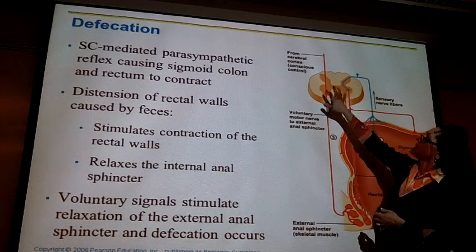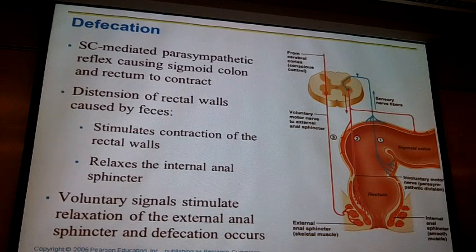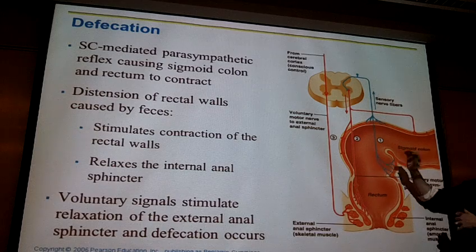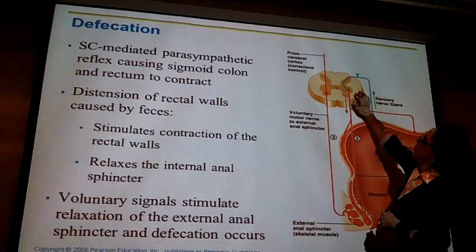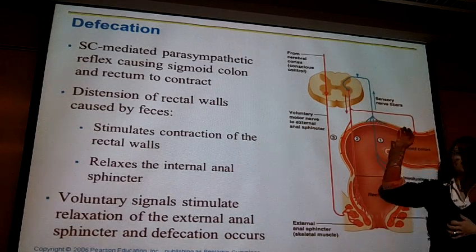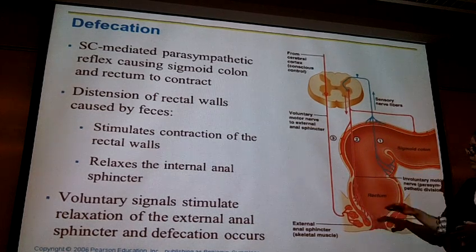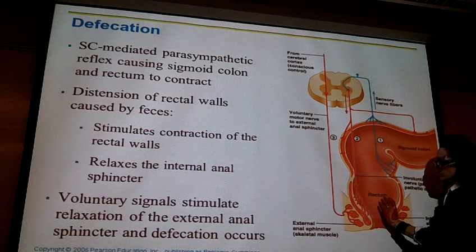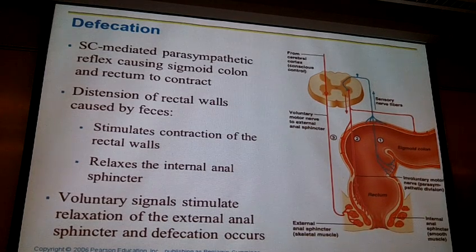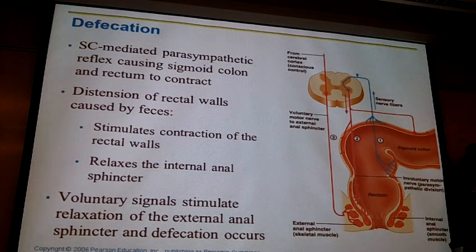And we're going to process that information in the spinal cord. And coming out of the spinal cord are going to be parasympathetic nerves that come down and cause that internal anal sphincter to relax. Now, that's great. We've got half of it done.